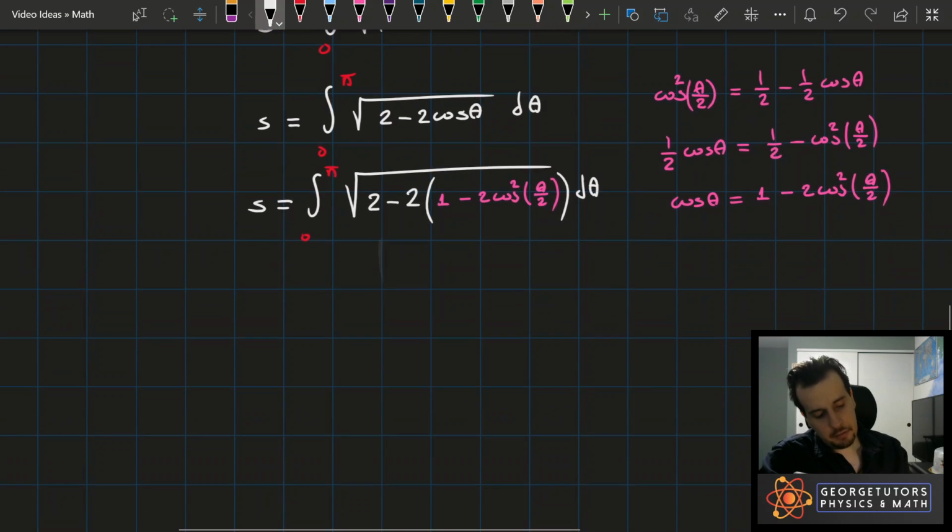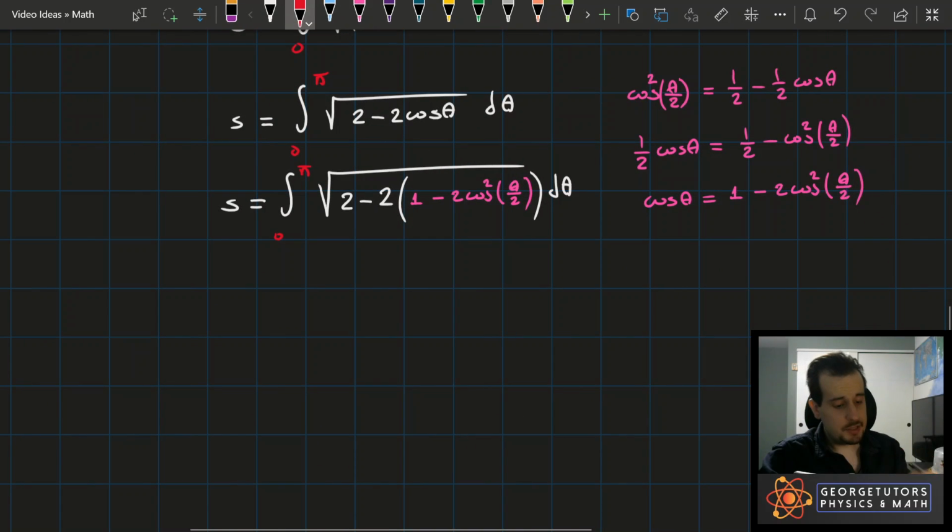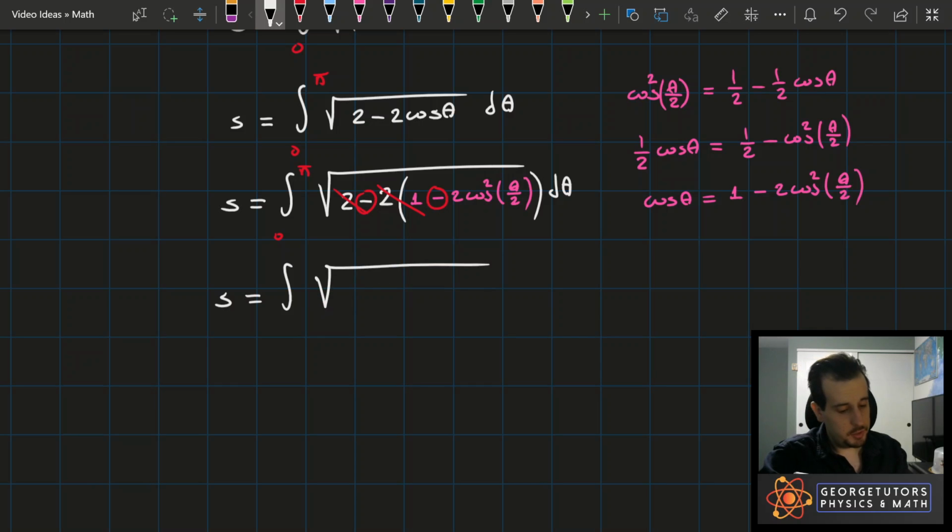Okay, and from here, I can see clearly that these numbers are going to cancel. We're going to get a 0. And then we are remaining with a positive 2 cos squared theta over 2. So let's write out what remains, being really careful: 2 cos squared theta over 2.